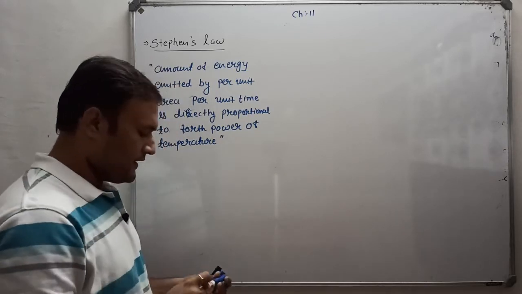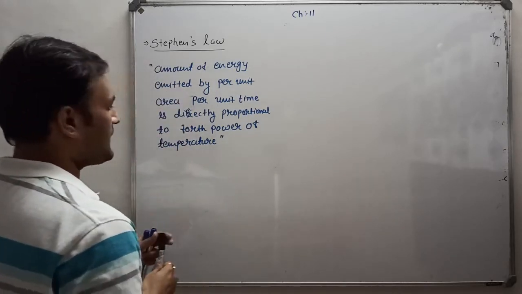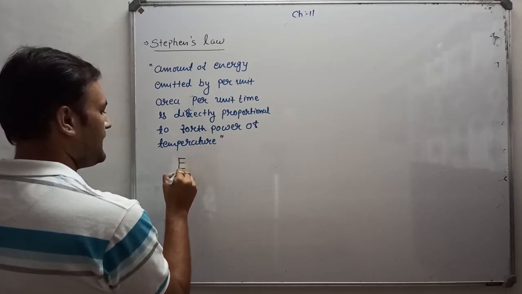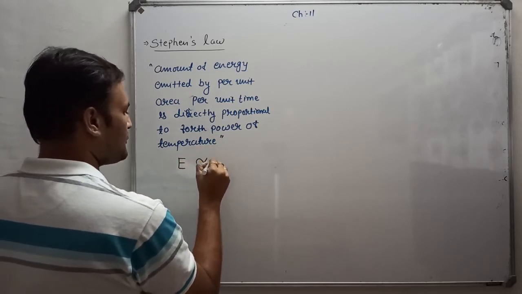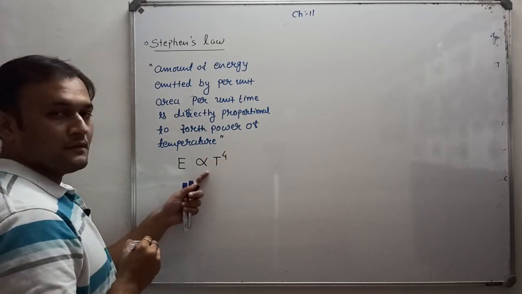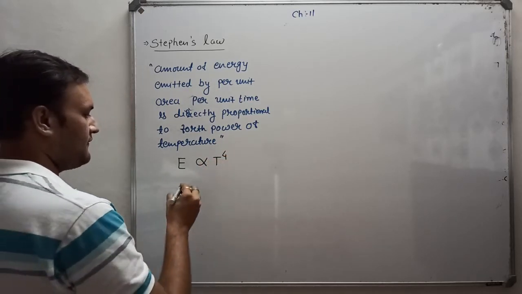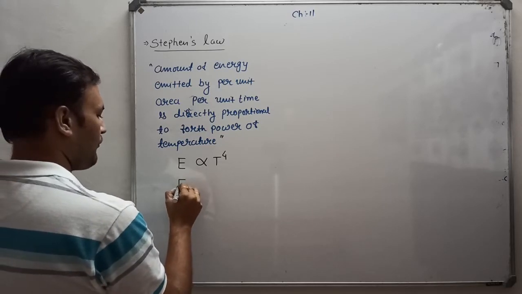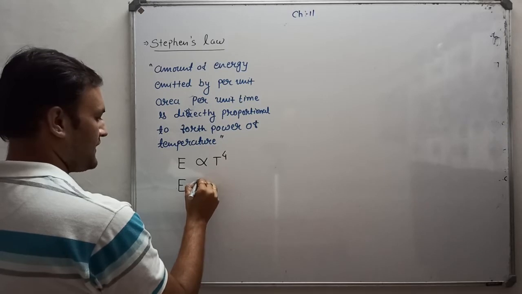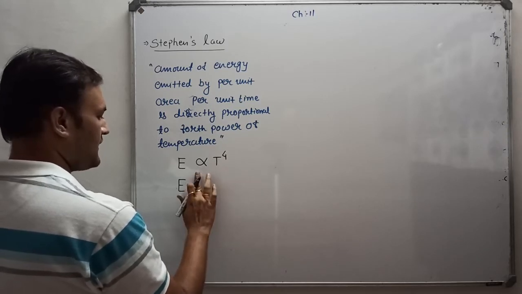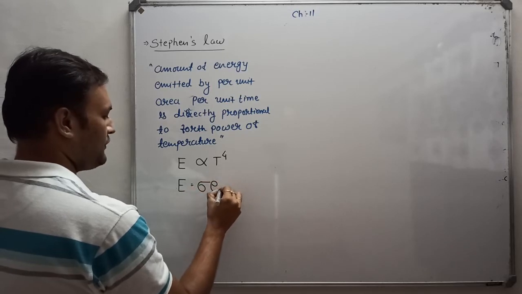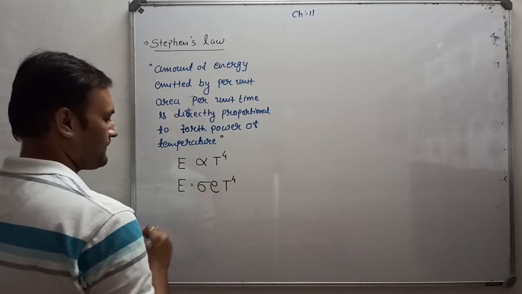According to the definition, we can write energy per unit area per unit time, E proportional to T raised to 4. If we remove the proportionality constant, we take the constant sigma, so E is equal to sigma T raised to 4.